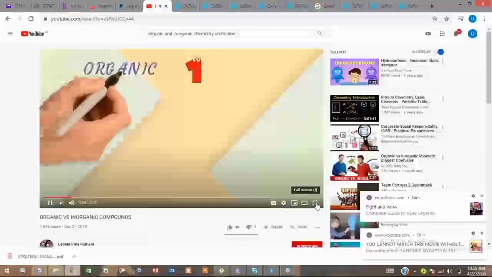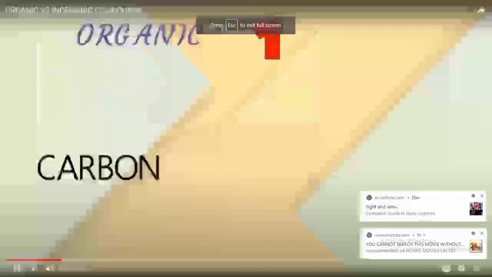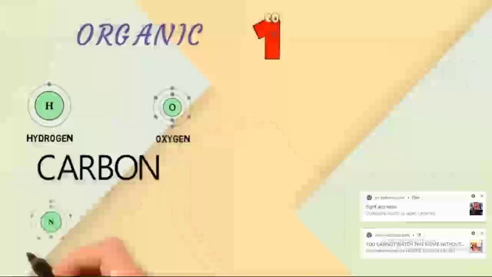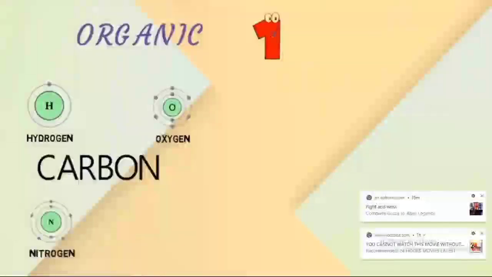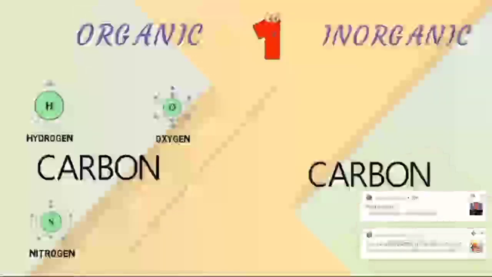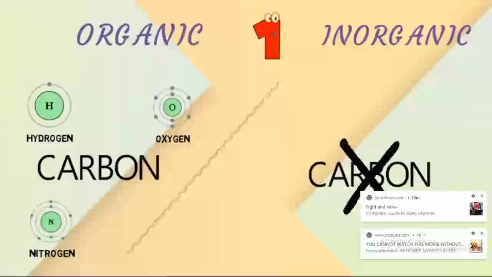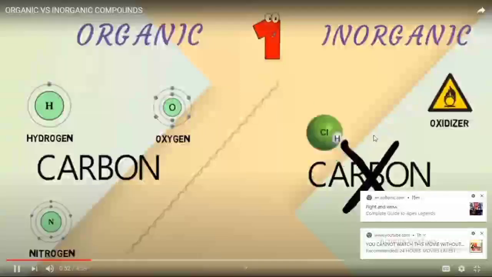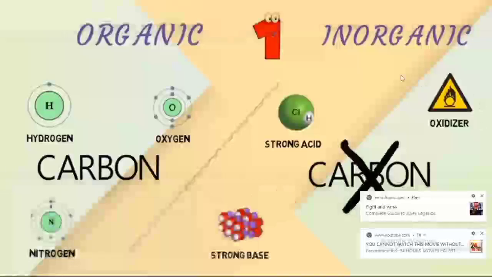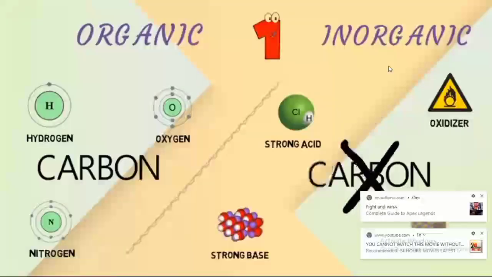Organic compounds are compounds which basically have carbon atoms as the main element in their structure, along with hydrogen, oxygen, nitrogen. While inorganic compounds basically do not have carbon atoms in their structure. Generally, they are oxidizers, strong acids like hydrogen chloride, strong bases like sodium hydroxide, and salts like sodium chloride.